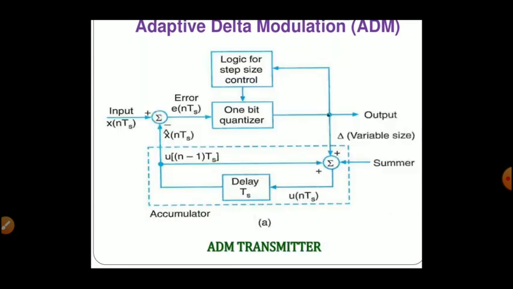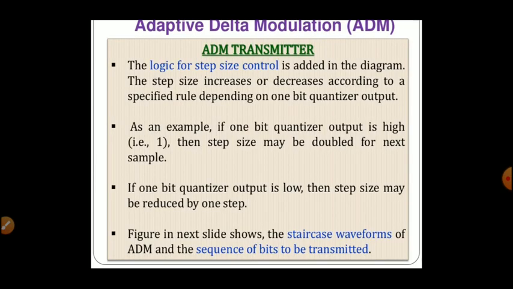The figure shows the adaptive delta modulation transmitter. It consists of a 1 bit quantizer, logic for step size control, a delay, and a summer, then the output. This is the ADM transmitter. The logic for step size control is added in the diagram.